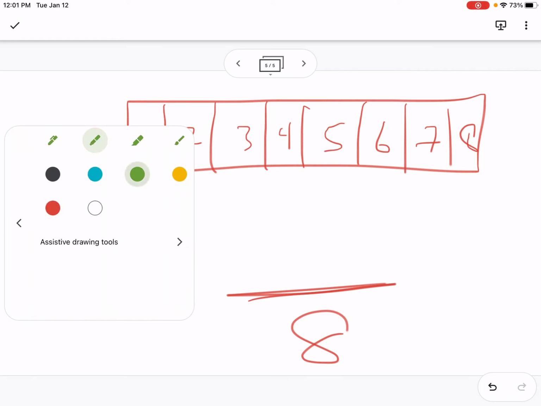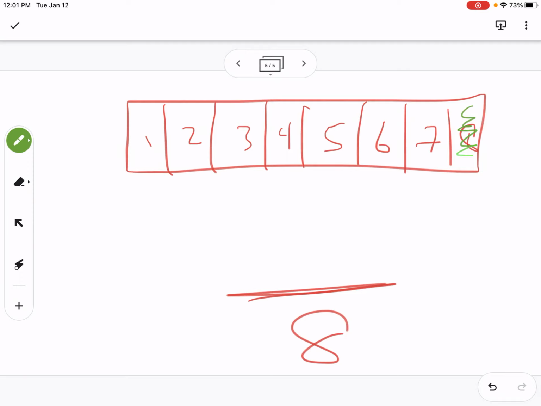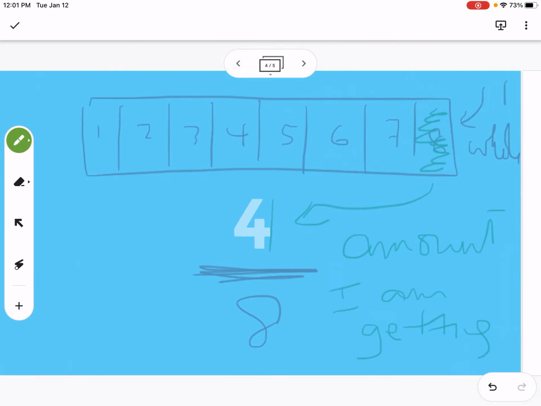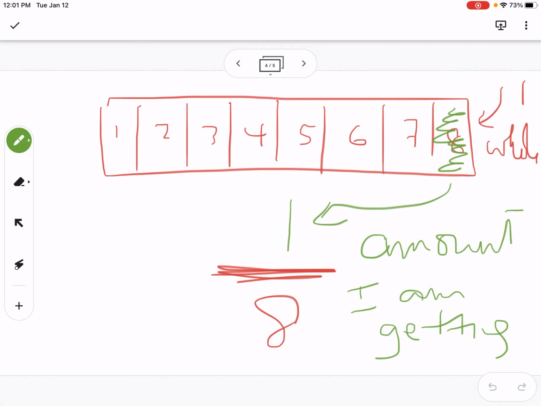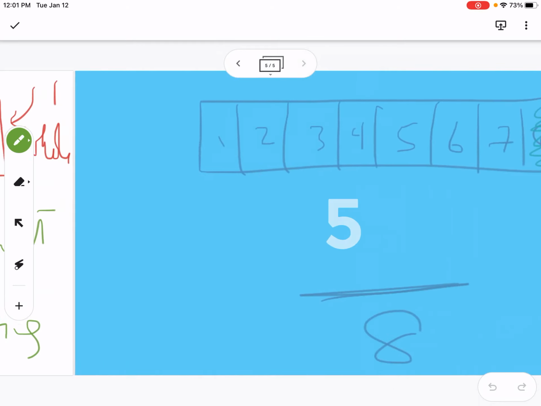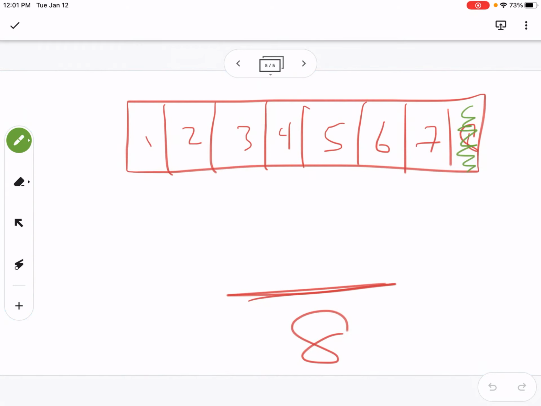Now, I said earlier, I got piece number 8. I got 1/8. So when we ask the question, how much of the chocolate bar did I get? I got 1 slice, or 1 part out of 8. So I got 1/8 of the chocolate bar. I'm going to change the question now to how much of the chocolate bar did I not get?